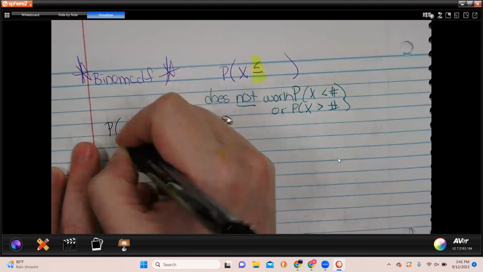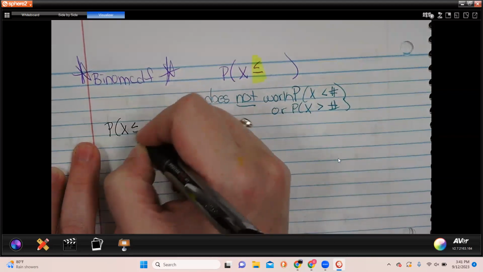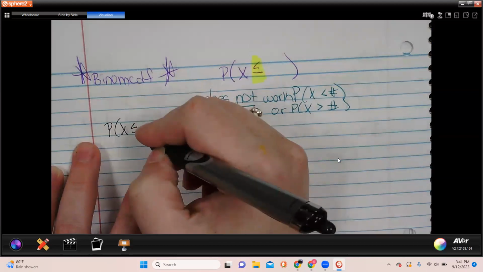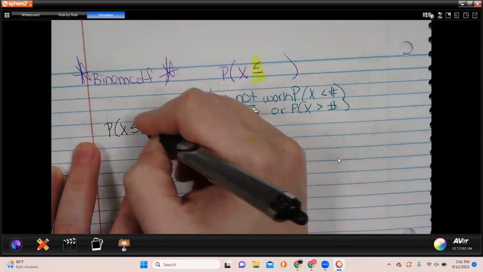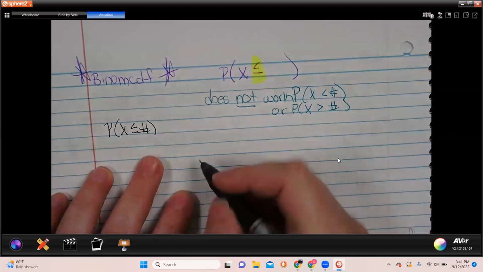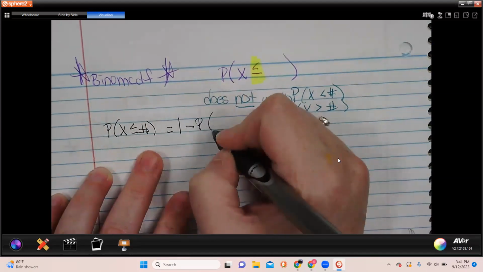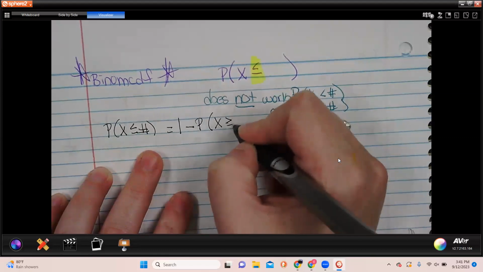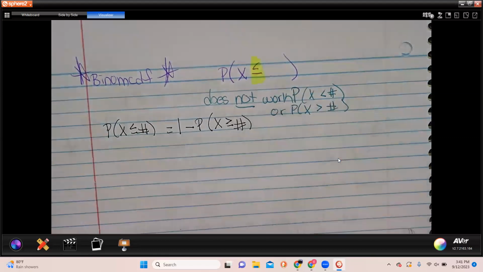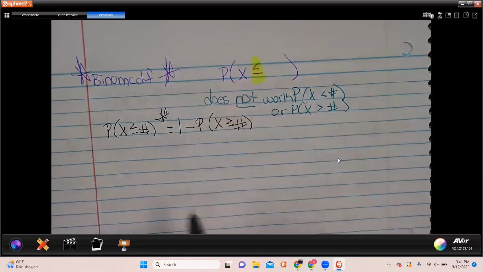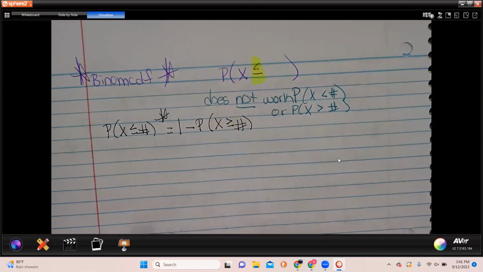because the probability of X less than or equal to, I don't know, I'm just going to say number, is equal to 1 minus the probability that X is greater than or equal to the number. So I can use this property right here to have a second version.